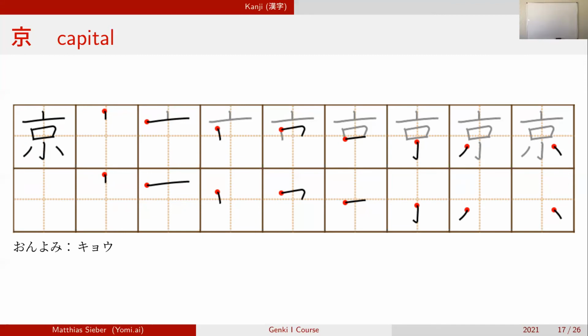Okay, there we go. So we have kyo, which in itself means just capital, right? I guess the capital as in the place to hang out with a bunch of idiots. And oh, that's good.